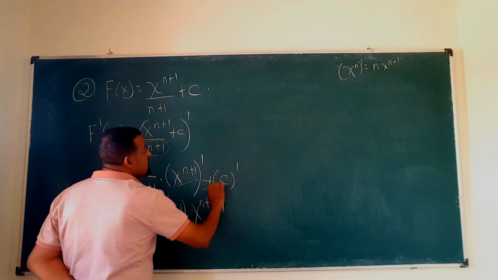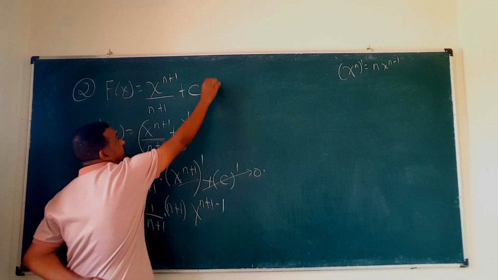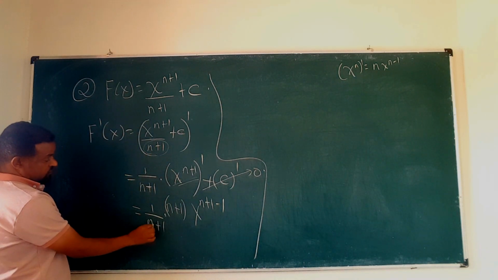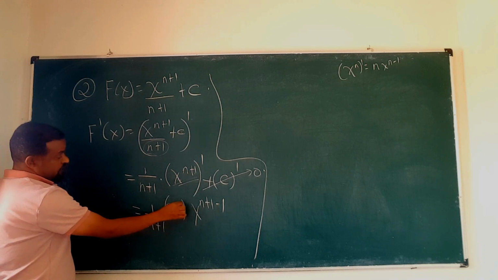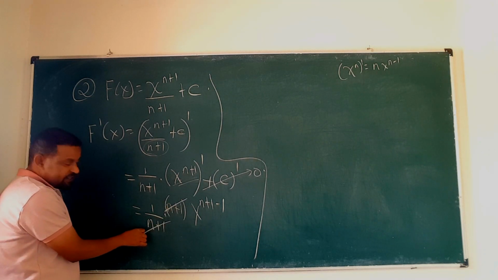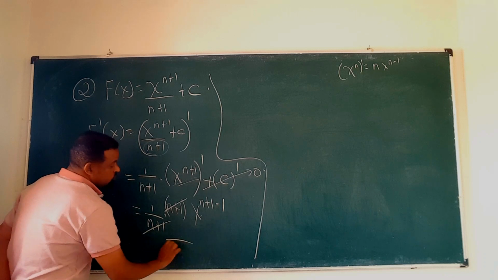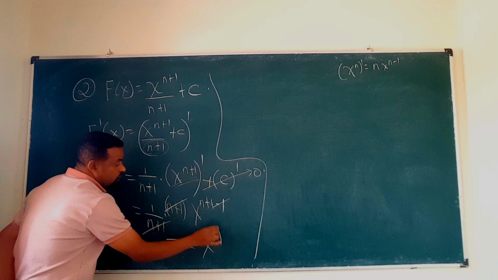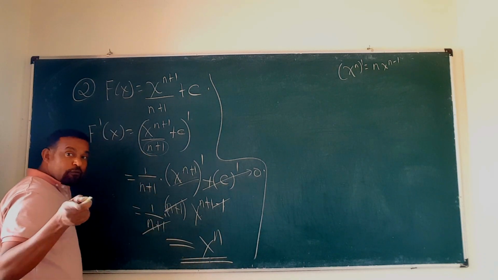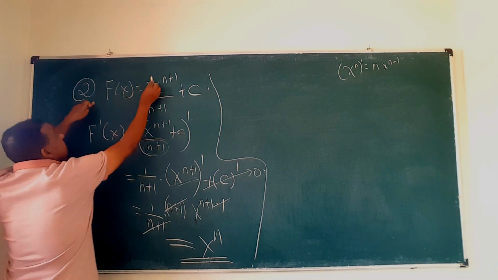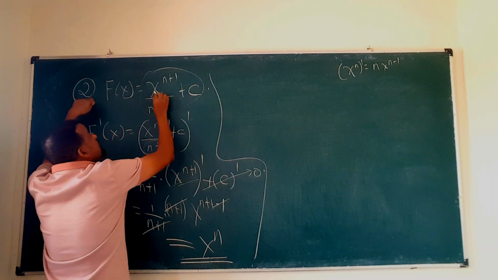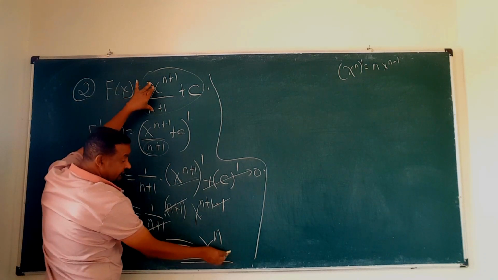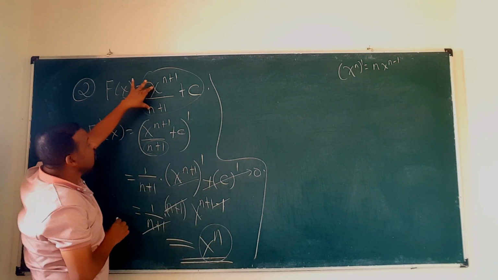The derivative of any constant is 0. So what do we get? This is 1 over n plus 1 times n plus 1, and n plus 1 cancels out. What remains is x to the power of n. Notice what we did: we took this function, x to the power of n plus 1 over n plus 1 plus c, took its derivative, and got x to the power of n.